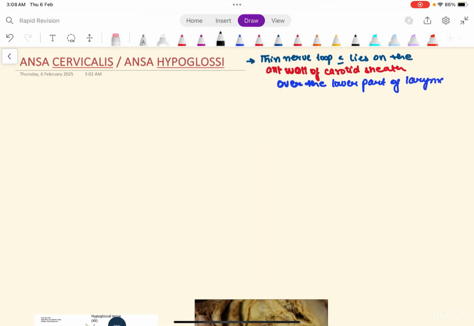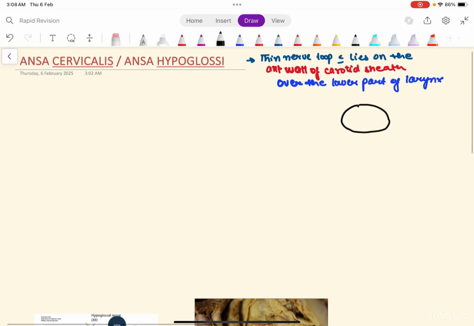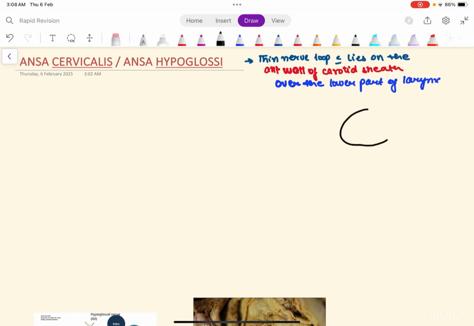So what you mean by this is, suppose this is our carotid sheath. Now here you know that we have components, right? So this is our internal carotid artery plus common carotid artery.